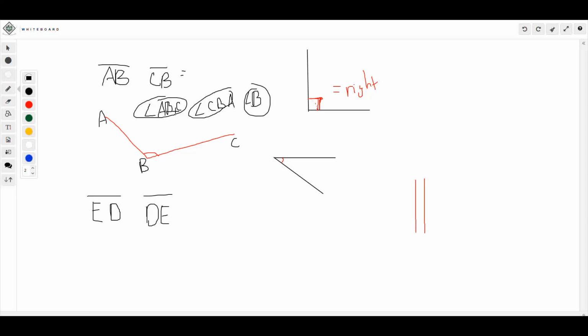Notice if you do it with all three letters, the vertex must be in the center. Also notice when you label these, they all have to be uppercase letters. You can also label it by the vertex, angle B.